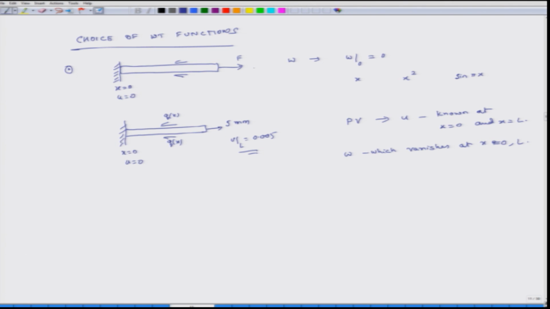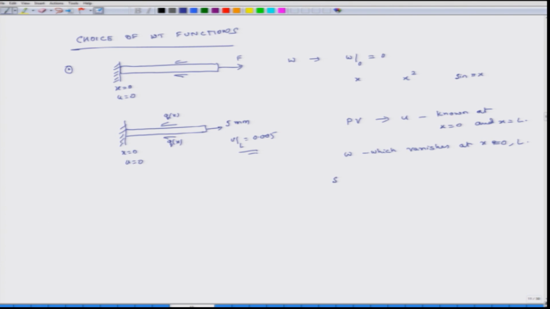In the first case, u was not known. I was applying a force, but I do not know how much the bar is going to stretch. Here I am actually pulling it by 5 millimeters. So, u is known at x is equal to L, and also u is known at x is equal to 0. So, in this case, we will look at few boundary conditions.